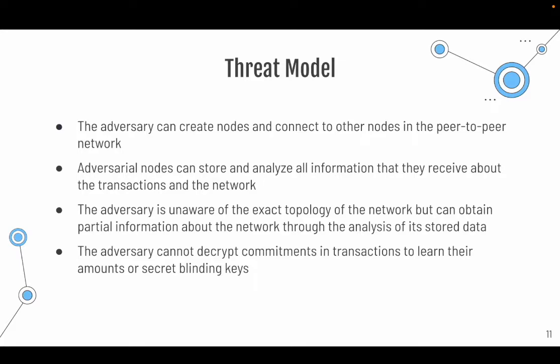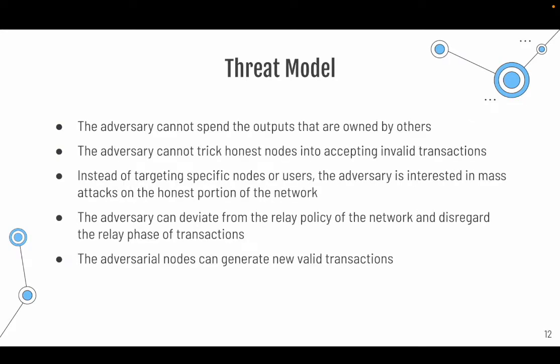The adversary cannot decrypt commitments in transactions to learn their amounts or secret binding keys. The adversary cannot spend outputs that are owned by others, and it cannot trick honest nodes into accepting invalid transactions.